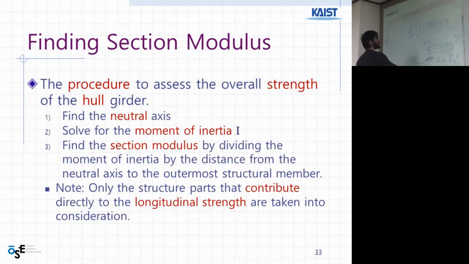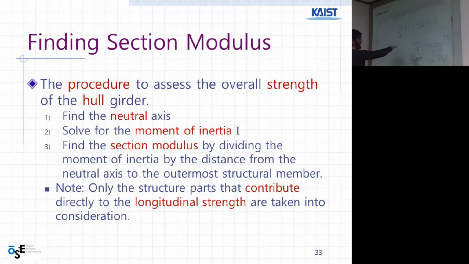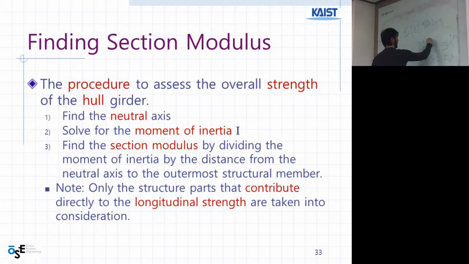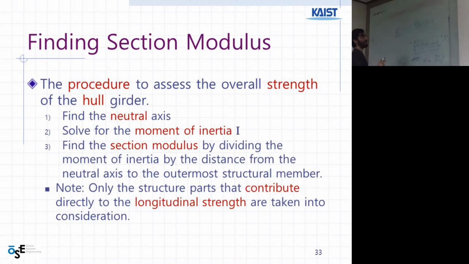Here, this is distributed loading, in Newton per meter. It's like pressure, but pressure is force per area, while this is force per length. For example, in this picture, we can apply distributed loading like this. And the professor was showing the video, for example, about the net distributed loading between buoyancy and the weight. So this is kind of that.